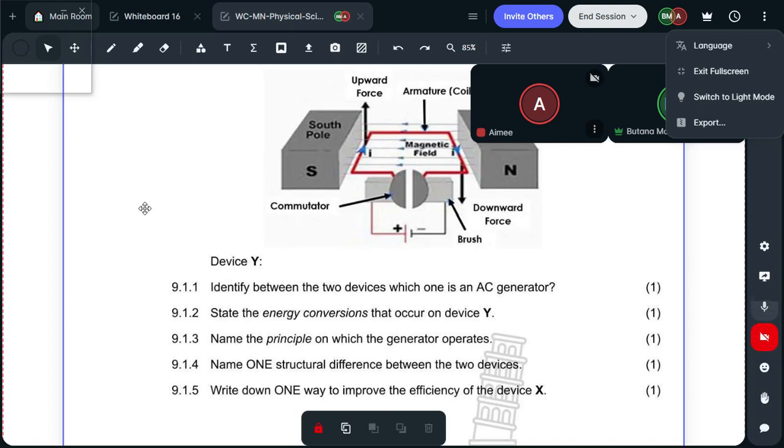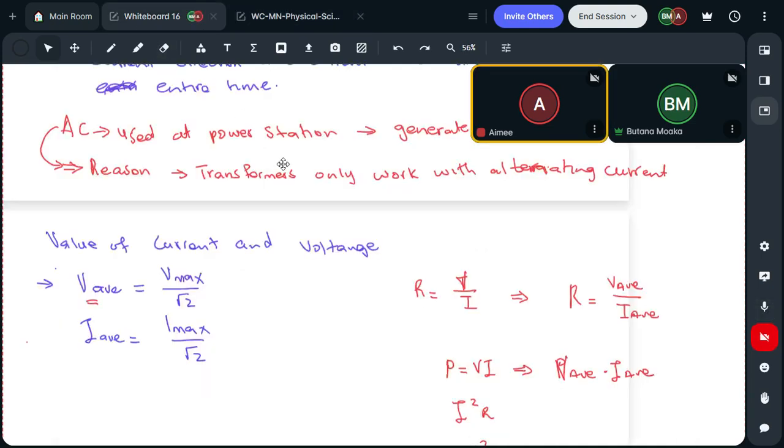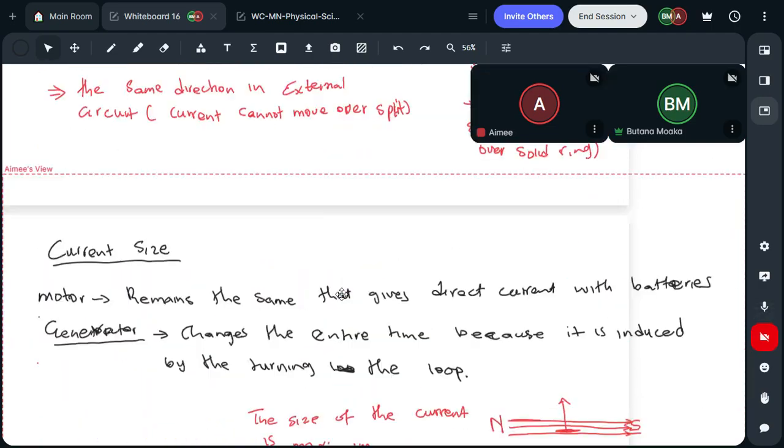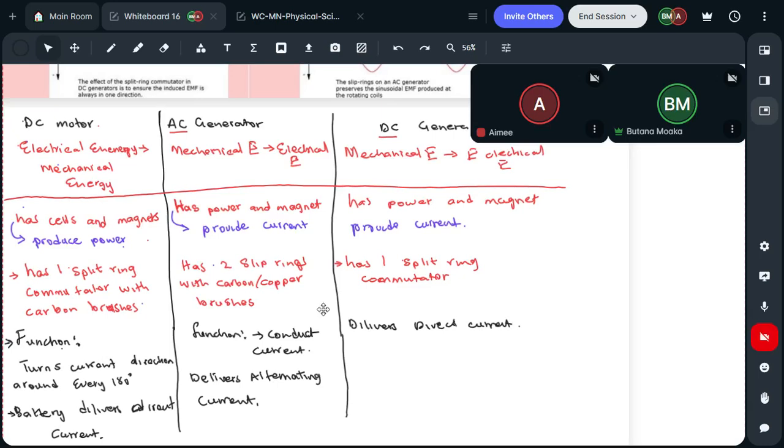I'm not sure if you still remember the notes that I gave you. Let's go back up first. If you still remember, I gave you some notes here, and you see this table. This table is very important. It's the one that can help you differentiate between a DC motor and an AC motor.